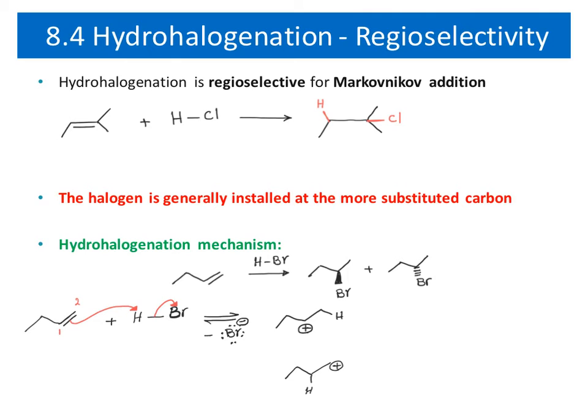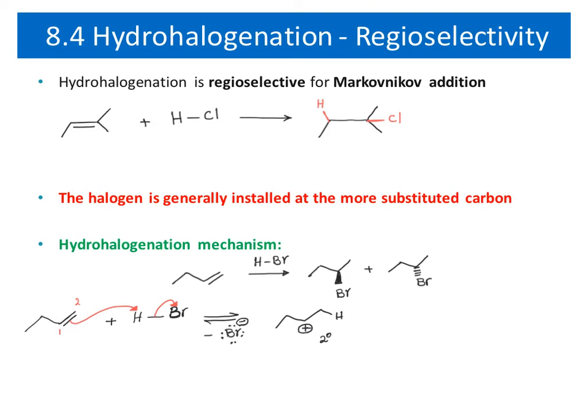Now which one is more stable, the bottom or the top? Obviously the top carbocation is more stable because it is the secondary carbocation. So hydrogen will be added to the less substituted carbon so we can form the more stable carbocation. The bottom product is not forming.